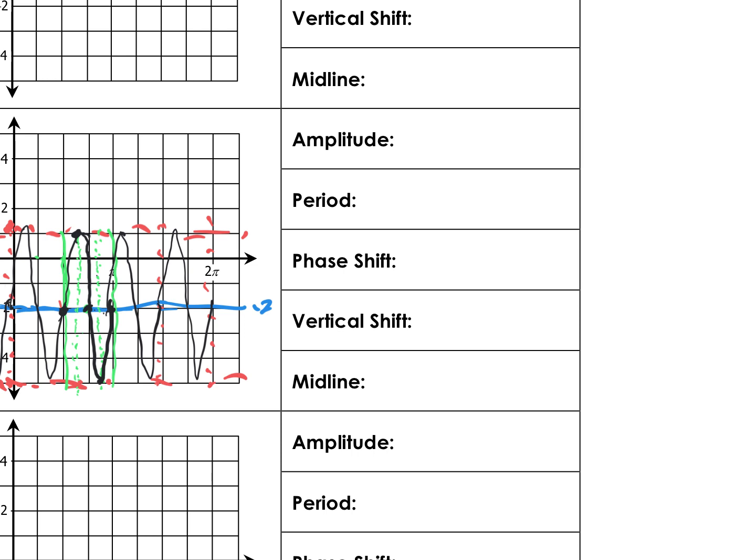Come on. What's a phase shift? What's the phase shift? Or period, I'm sorry, the period was pi over 2. What's the phase shift? Right. I'm going to go right. If you said plus, I get it. Vertical shift?